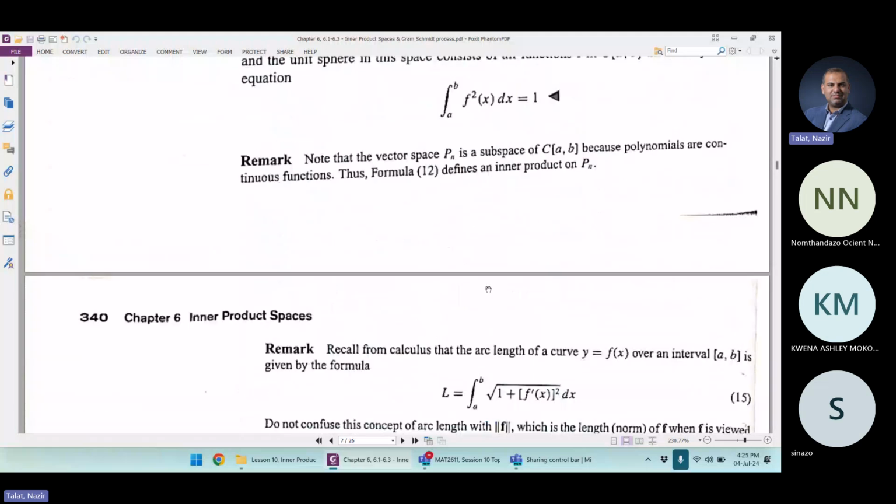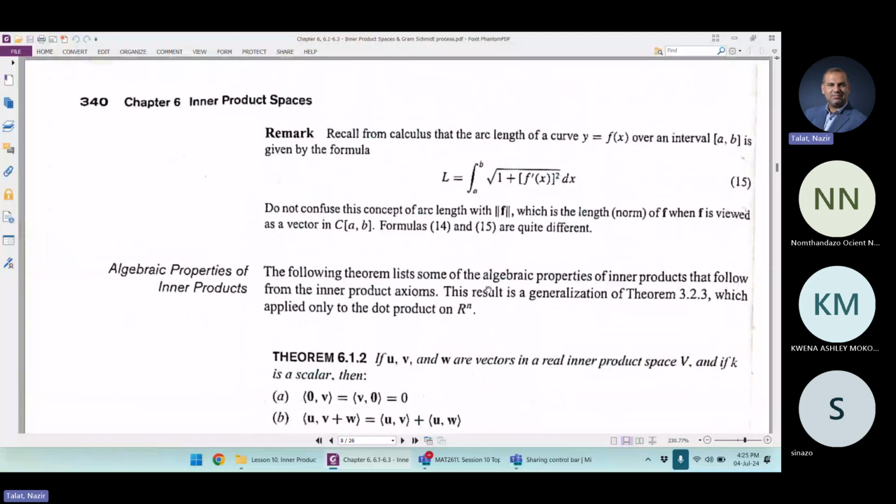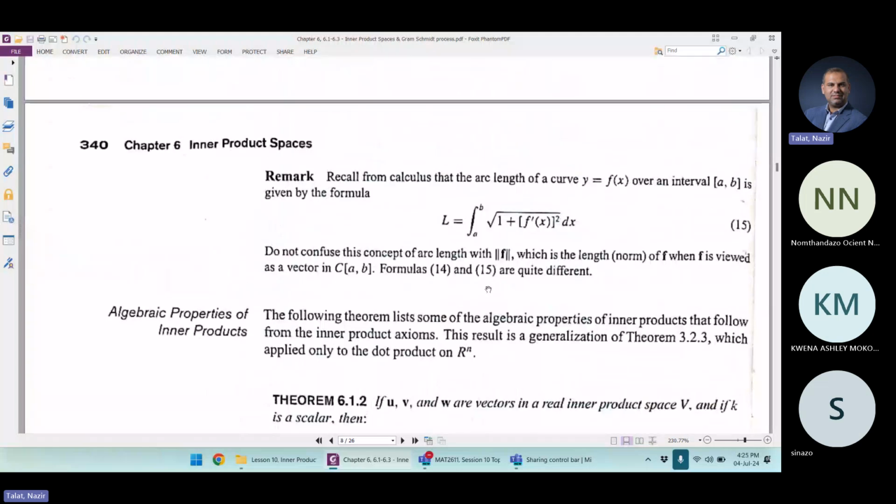Here we have some other spaces which are infinite dimensional spaces, and the length of a function there is the integral from a to b of the square root of 1 plus f prime of x square, dx. This gives us the length of that one, which is also the formula we normally see in calculus.